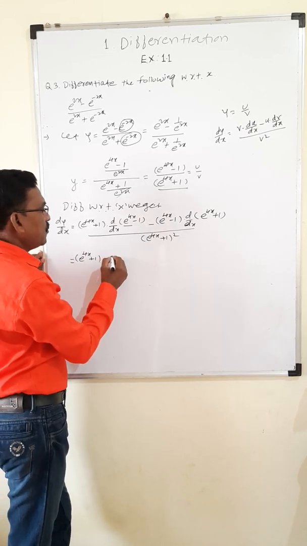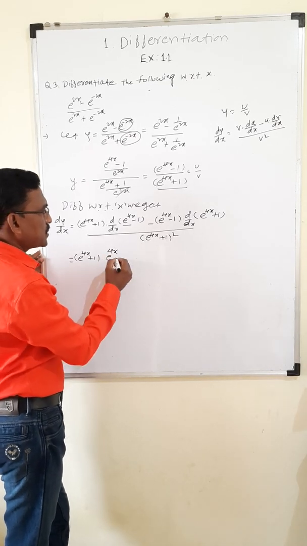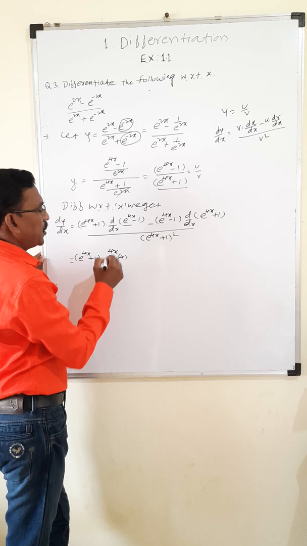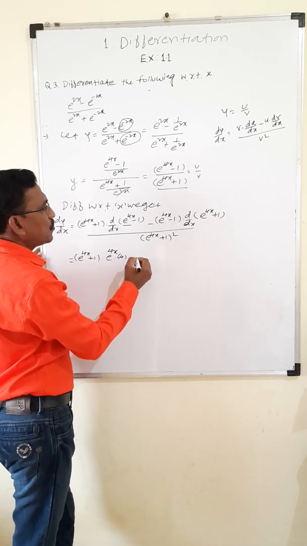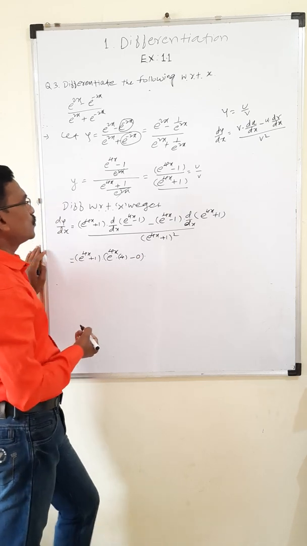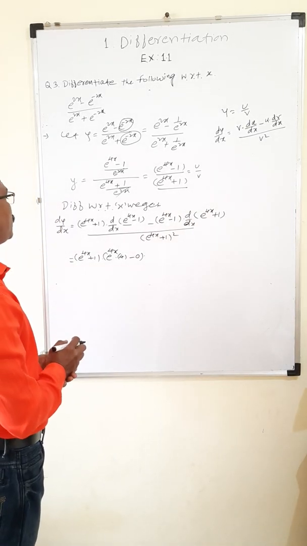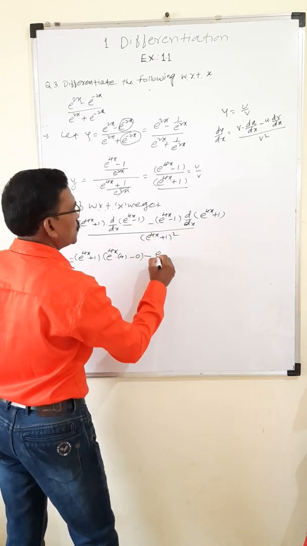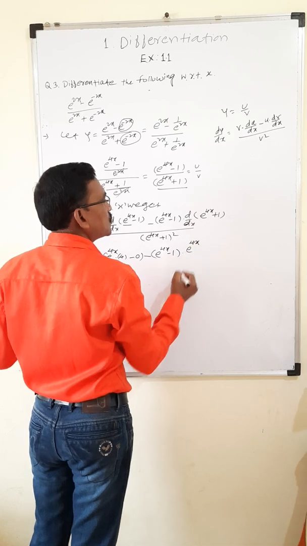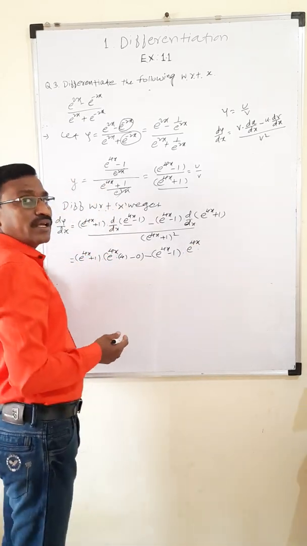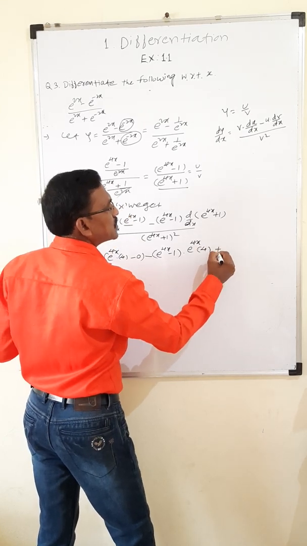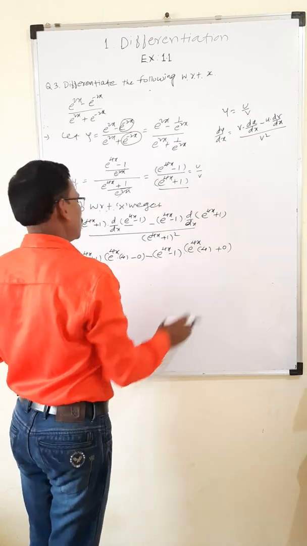Same way the rate of e raised to 4x is e raised to 4x, but by chain rule again the derivative of 4x is 4, minus the rate of constant 1 is 0, into, then minus e raised to 4x minus 1 as it is, into the rate of e raised to 4x, again the derivative of e raised to 4x is e raised to 4x, and by chain rule, as it is a composite exponential function, again its derivative is the rate of 4x, which is 4 here, plus the rate of constant is 0. So there is no need to write this 0 here.